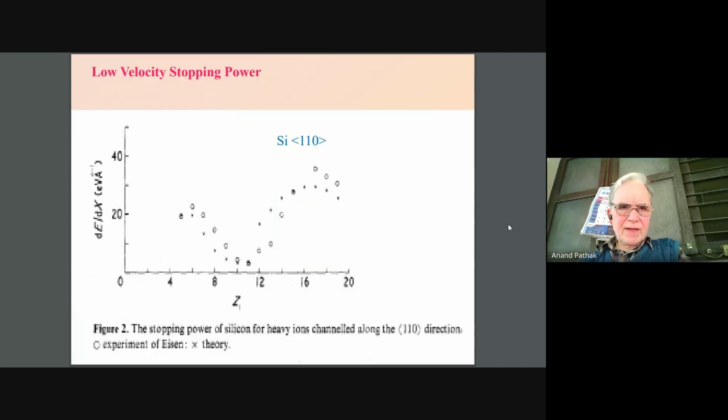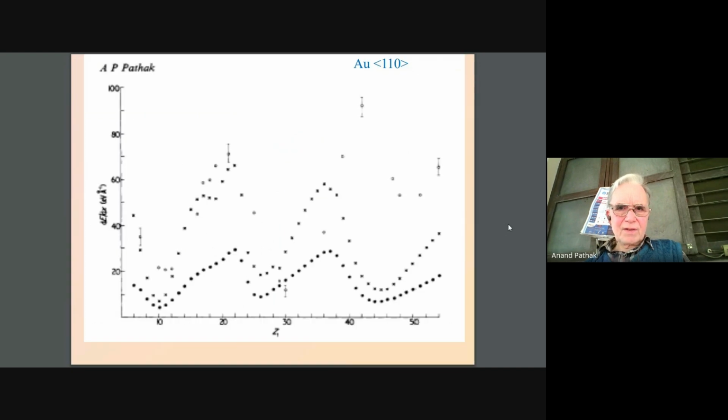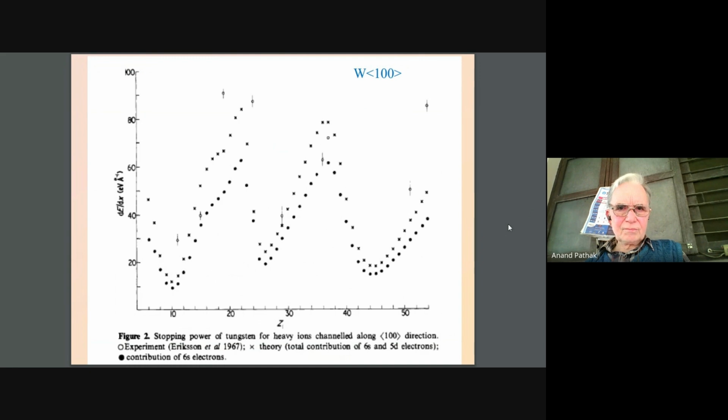So at lower energy, for example, the stopping power, the electronic stopping power, shows oscillations, silicon 110. Next one. For gold 110, then next one. Next.